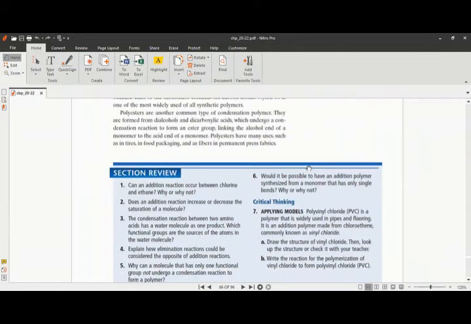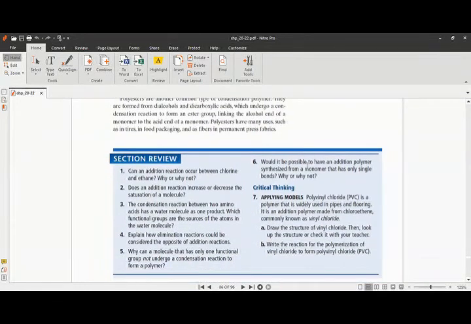Okay, so I will solve the section review, the first five questions, and maybe next time, inshallah, we will have a final revision for this section, to be sure that you understand. The first question: can an addition reaction occur between chlorine and ethane?